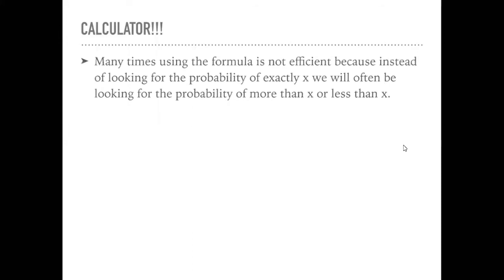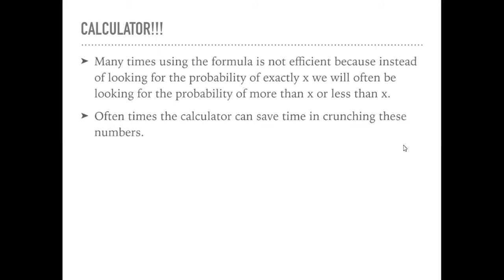Now, our calculator can help us in this situation. Using the formula is not necessarily efficient, especially if we're looking for the probability of less than, more than, at least, less than or equal to, at most.